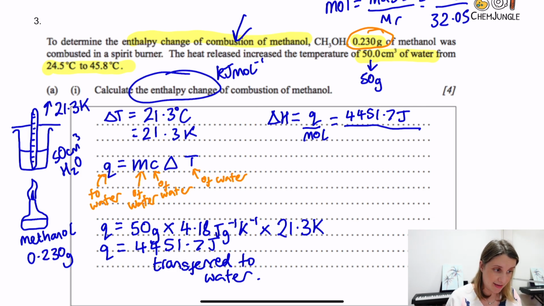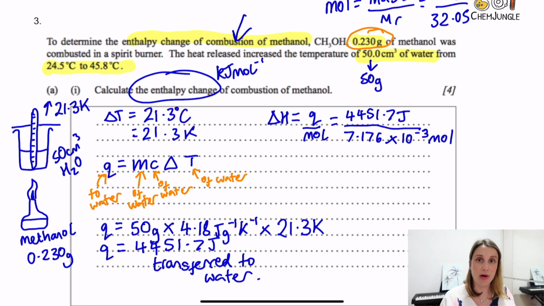If you calculate that, you get the moles to be 7.176 times 10 to the minus 3 moles of methanol that are burnt. So what I'm really doing is I'm saying how much heat energy was transferred to the water when the fuel was burning, like how much of that fuel did I need to burn to get that heat rise.